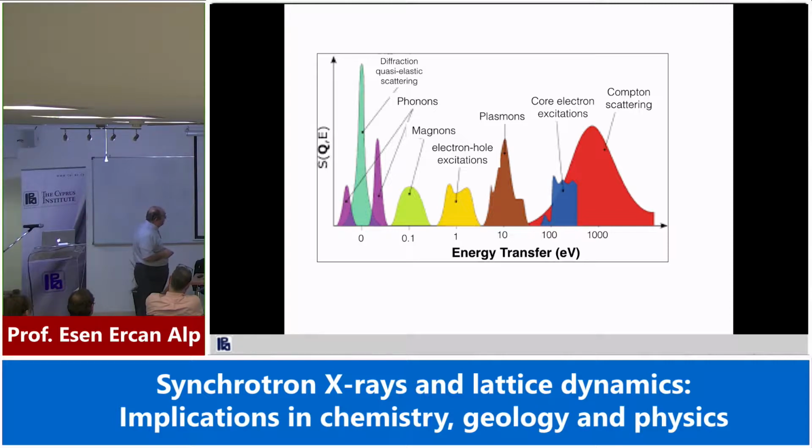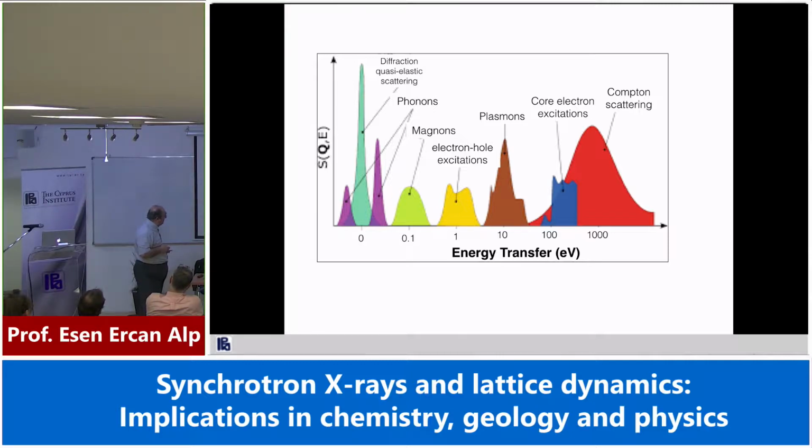You can also look at core electron excitations, which is what we do for X-ray Raman scattering, for example, or X-ray absorption spectroscopy. You can look at plasmons. You can look at electron-hole excitations. You can look at magnetic oscillations called magnons, and phonons, which is what I'm going to look at today. Or you can do elastic scattering, which is called diffraction, or quasi-elastic scattering.